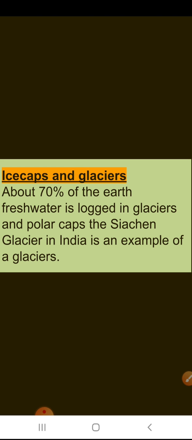Now we'll come to the uses of water. So the sources of water we have studied are rainwater, groundwater, surface water, ocean water, and ice caps and glaciers. Let's come to the uses of water. We all know many uses of water.